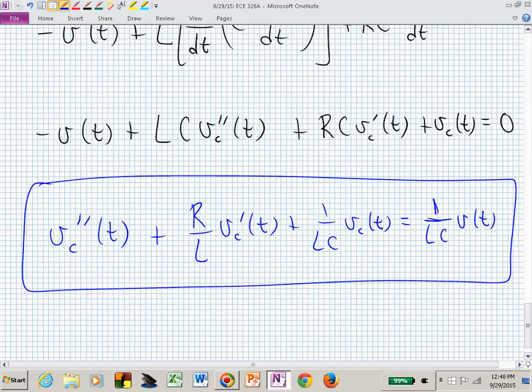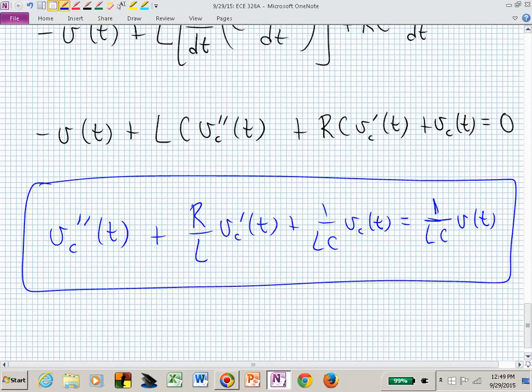I now have ended up with a second order linear time invariant differential equation that governs the dynamic behavior of that circuit. You give me a voltage, V of t, at that signal source, and this now tells me how the voltage of that capacitor varies with time.